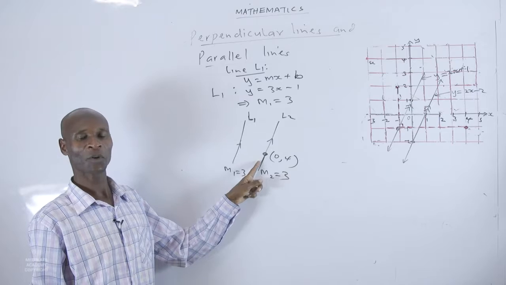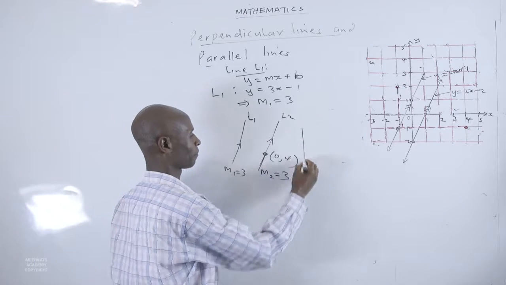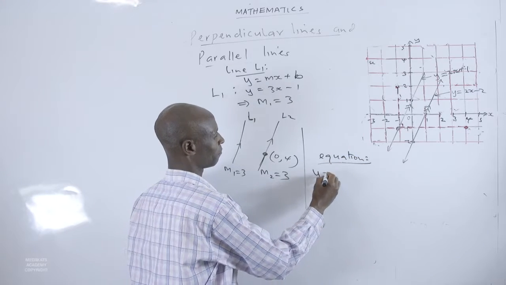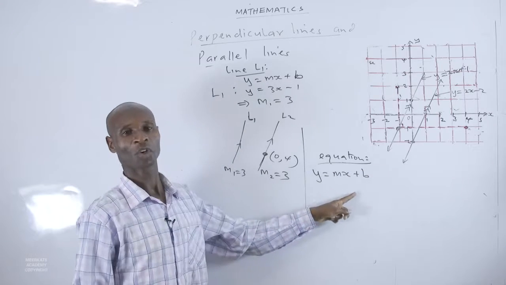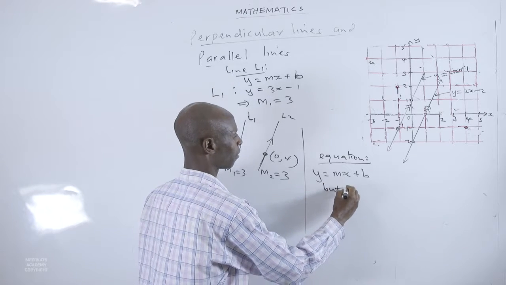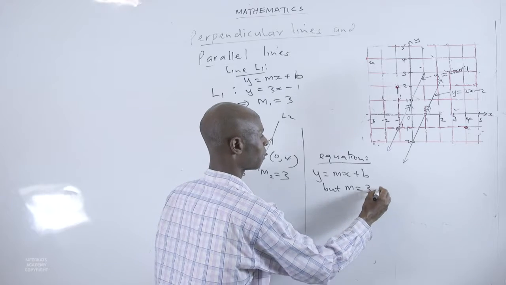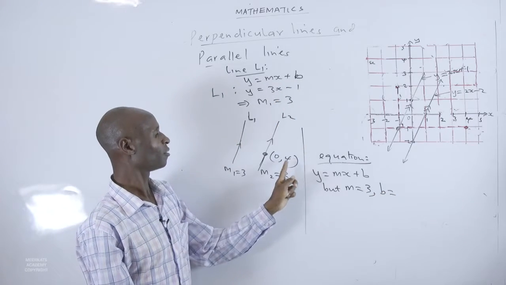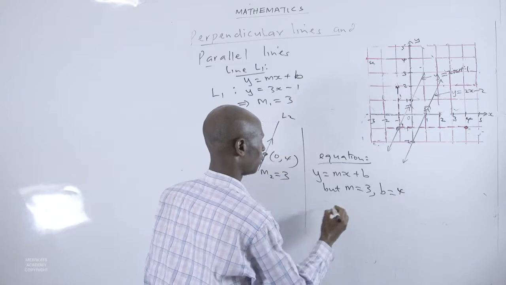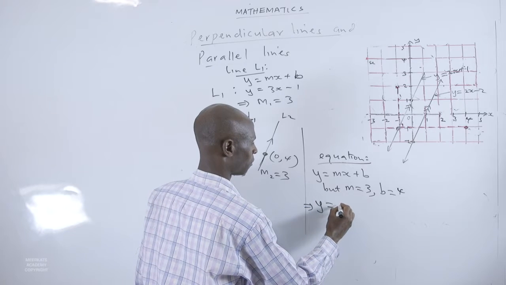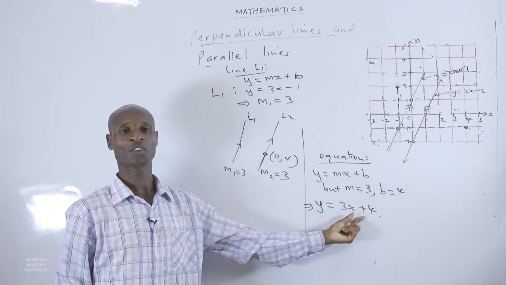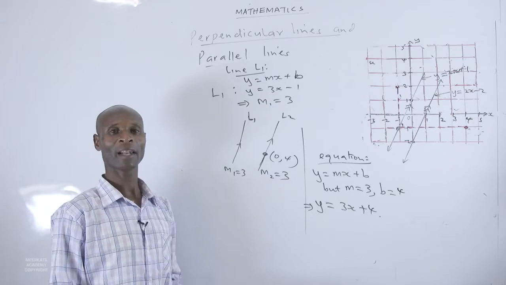And therefore, we can get the equation of the second line in the form y is equal to mx plus b, where m is the gradient and b is the intercept. But m is 3 and the y-intercept is 4 because the point is 0, 4. So it means that line is cutting the y-axis at 4. So the final equation becomes y is equal to 3x plus 4. That is the equation of that parallel line.